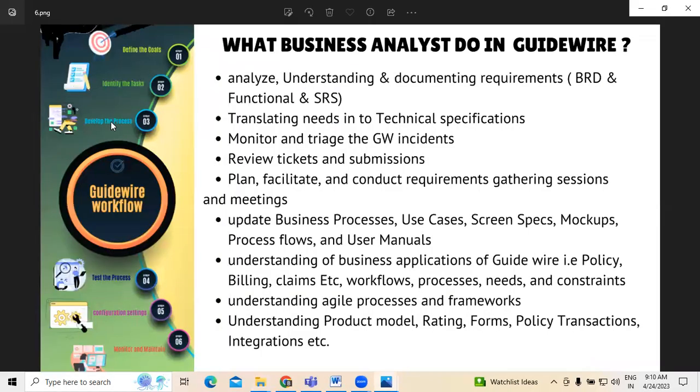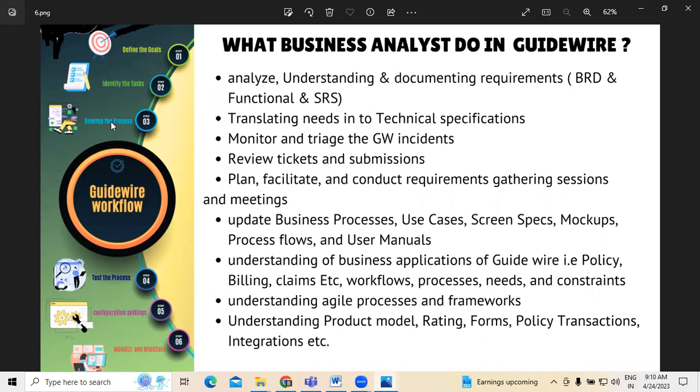Now, let's see the role of a business analyst, because this is where we focus more: a person who wants to transform their career towards BA, having earlier experience in the insurance field, or a person who has experience as a business analyst and wants to get into the role of a Guidewire business analyst on the P&C side.